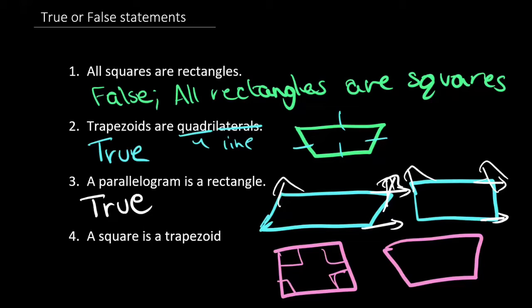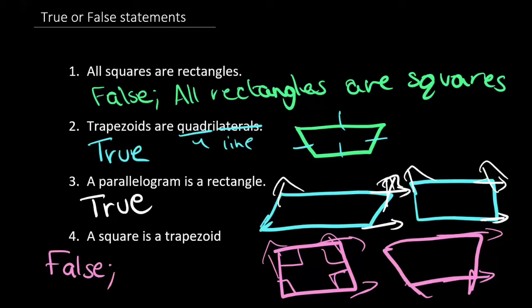No, it doesn't have 90 degrees, so that's false. Does it have two pairs of parallel lines just like a square? No, it only has one pair of parallel lines because these two lines meet at some point. So that means a square is not a trapezoid, and this is a false statement.